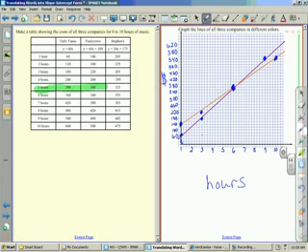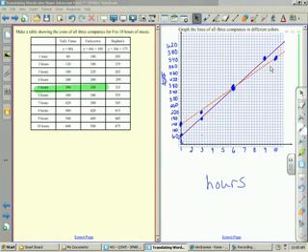So at 5 hours, you can see that they are 300. So they're intersecting right there where they're both at $300 for 5 hours. What do you notice though? As Ted's Tunes goes up higher, what happens to his cost? What's happening to the cost up here?